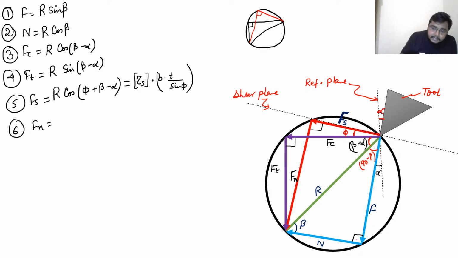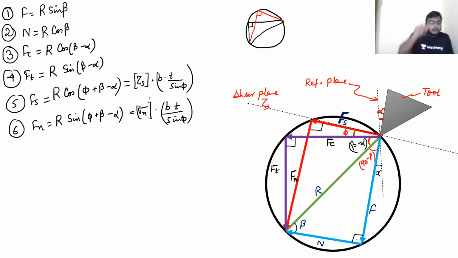Phi plus beta minus alpha. And this is the vertical component. So this will be R sine phi plus beta minus alpha. This is equal to sigma n into p into t by sine phi. Clear? So till now you have got the sixth relation.